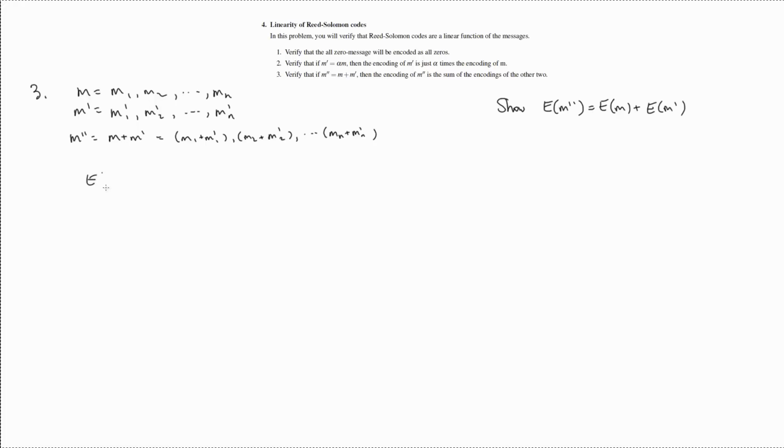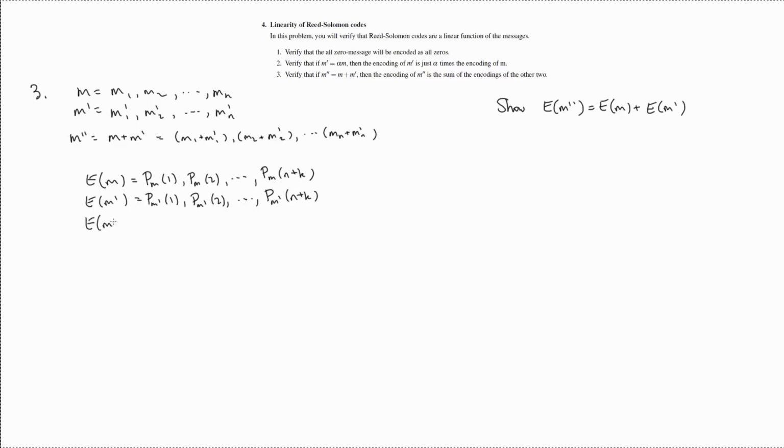Now the encoding of m is equal to p sub m of 1, p sub m of 2, all the way up to p sub m of n plus k. The encoding of m prime is equal to p sub m prime of 1, p sub m prime of 2, all the way up to p sub m prime of n plus k.